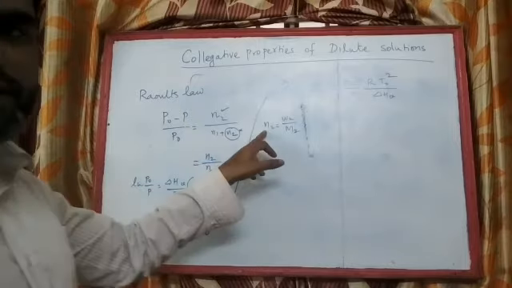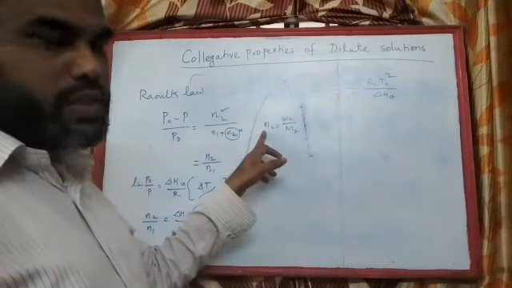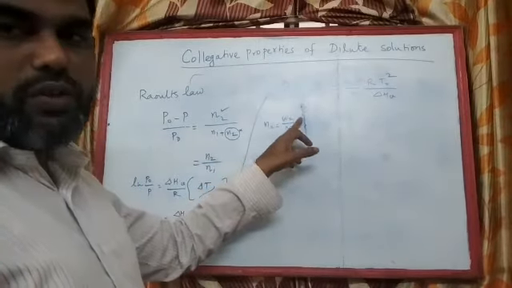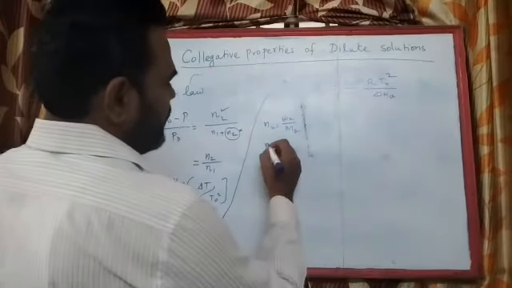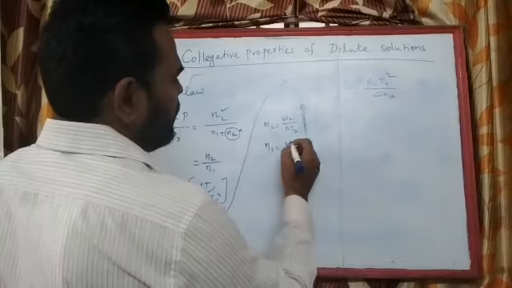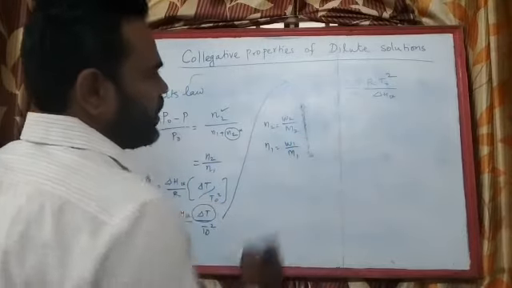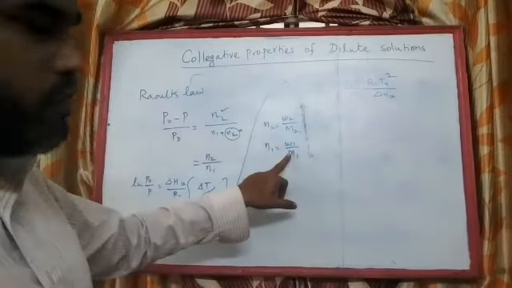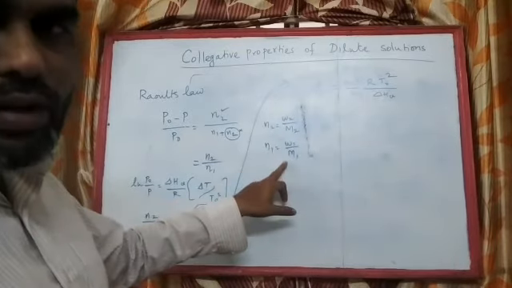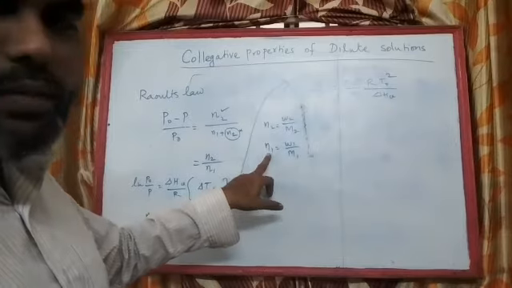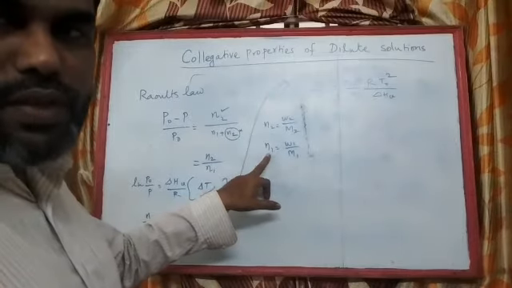N2 is the mole fraction of a solute, which is equal to weight of the solute divided by molecular weight of the solute. Similarly, N1 is equal to W1 by M1, the weight of the solvent divided by molecular weight of the solvent, which is nothing but the number of moles of a solvent.